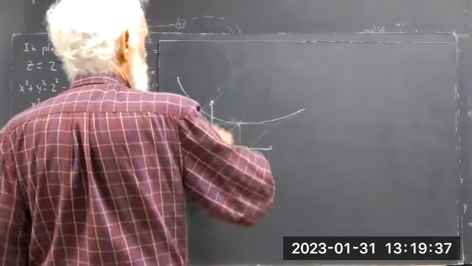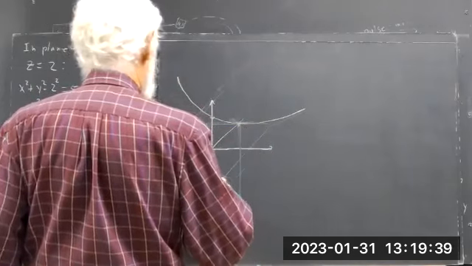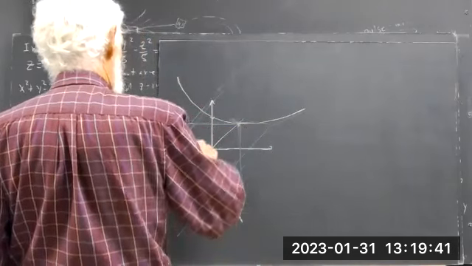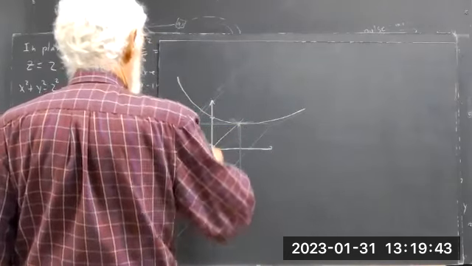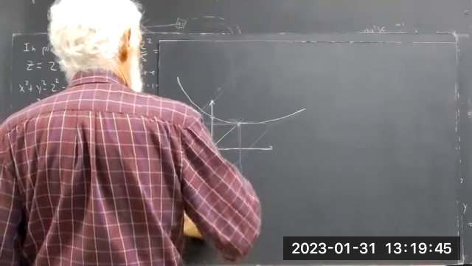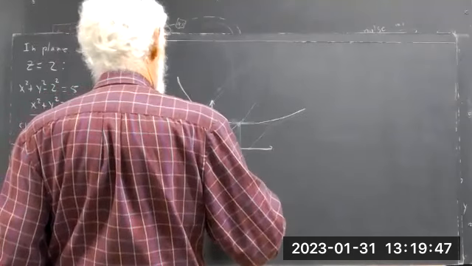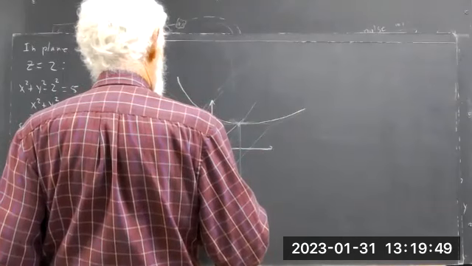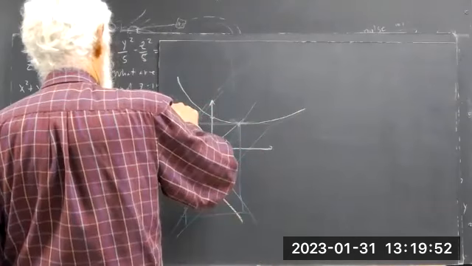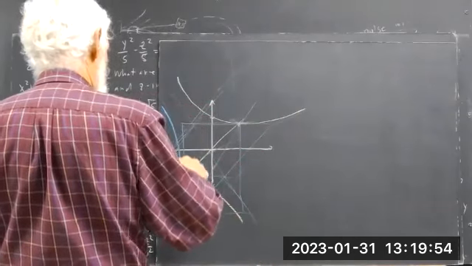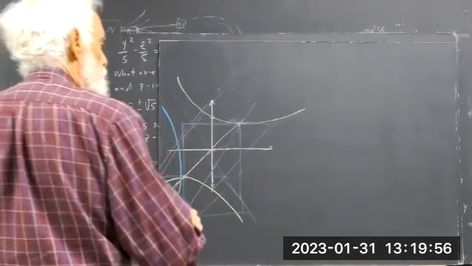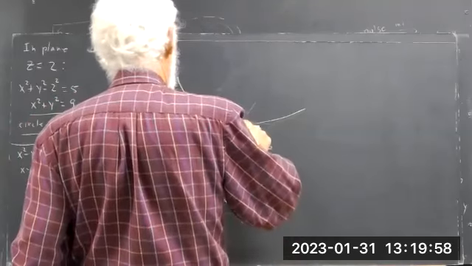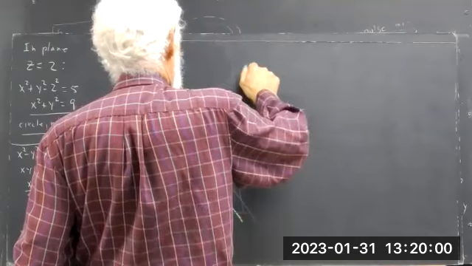Made it too narrow, but we're going to use it anyway. And then we're going to have our asymptote here and here with intercepts here and here.